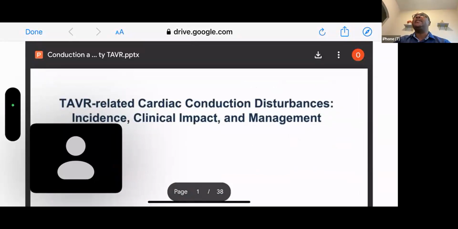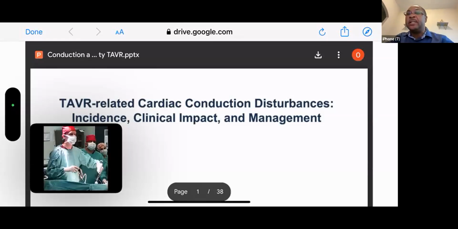Four percent or less is low risk, 4 to 8% is intermediate risk, and more than 8% is high risk. Then with more evolution, studies like the PARTNER 3 trial showed that even low risk patients can have TAVR.